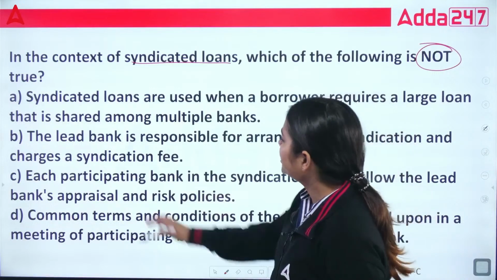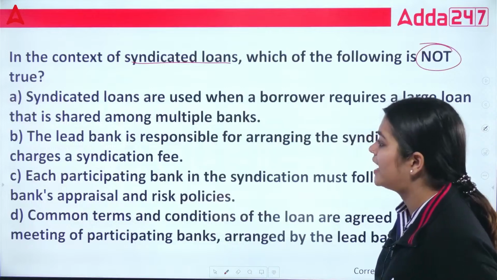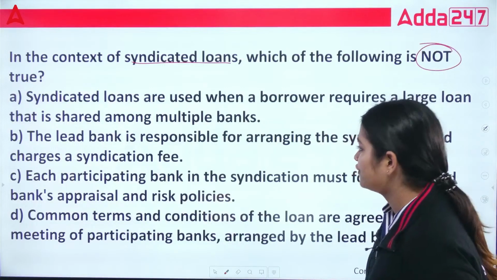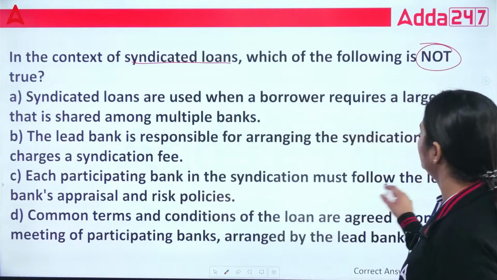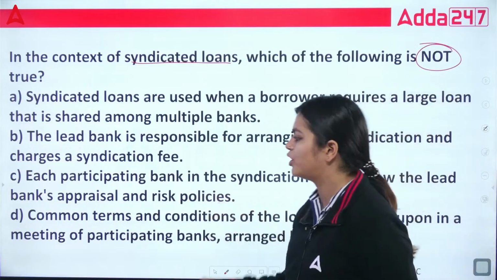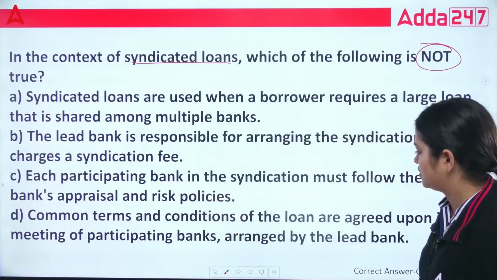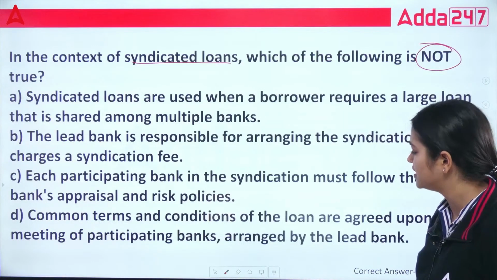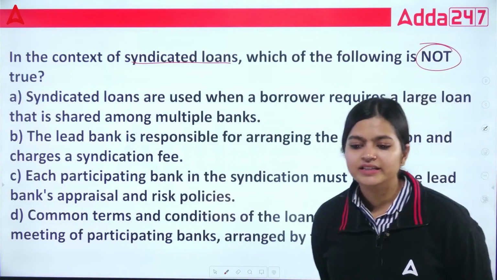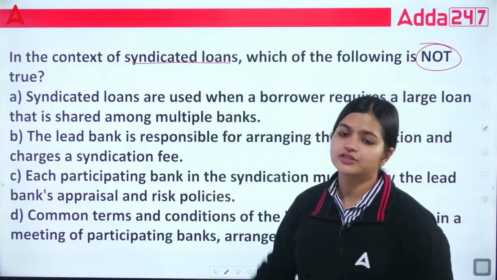B, the lead bank is responsible for arranging the syndication and charges a syndication fee. C, each participating bank in the syndication must follow the lead bank's appraisal and risk policies. D, common terms and conditions of the loan are agreed upon in a meeting of participating banks arranged by the lead bank. So in this, they are talking about the syndication of loans.